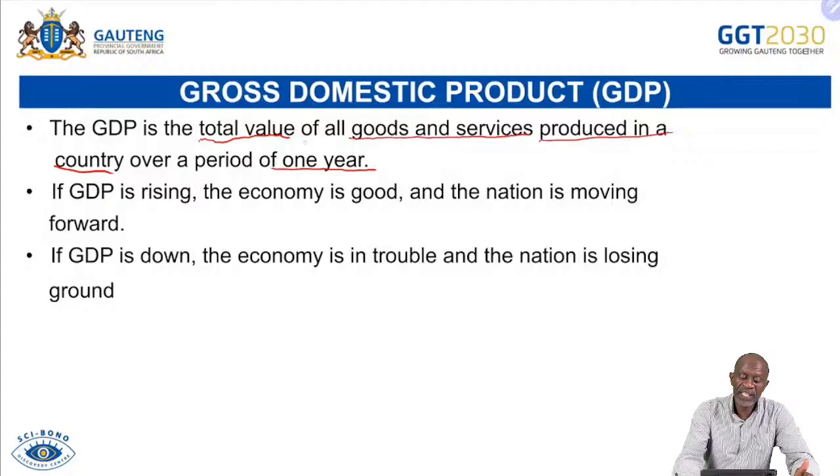If GDP is down, the economy is in trouble and the nation is losing ground. The nation is unstable. If the GDP is low, the economy is in shambles. The economy is regarded as a poor performing economy, and the nation is losing ground. It's losing touch.